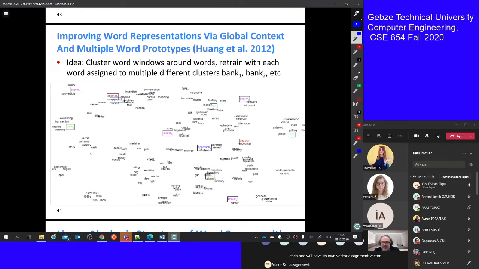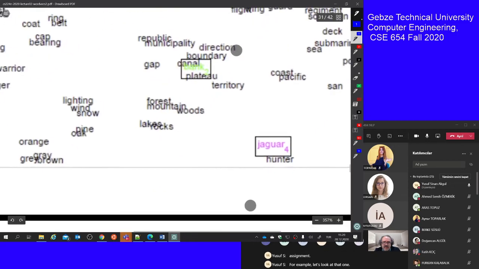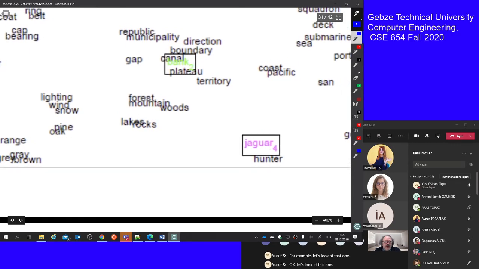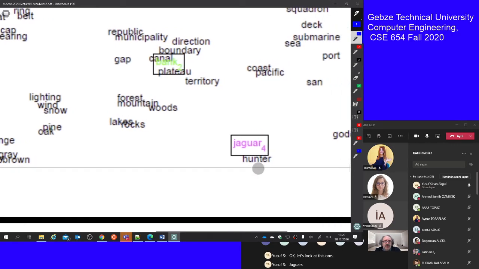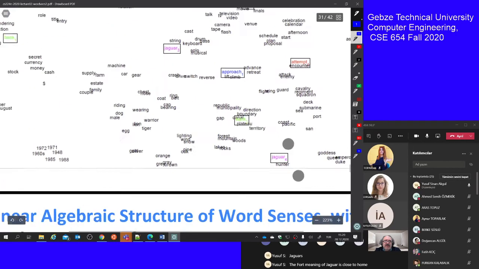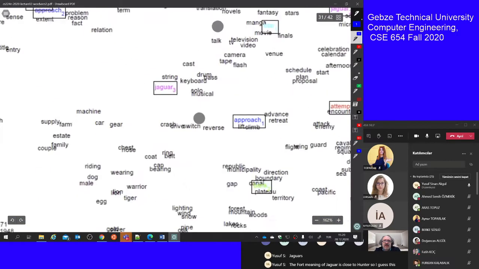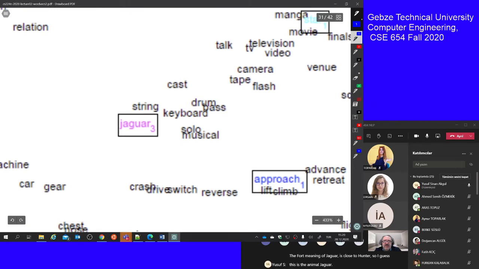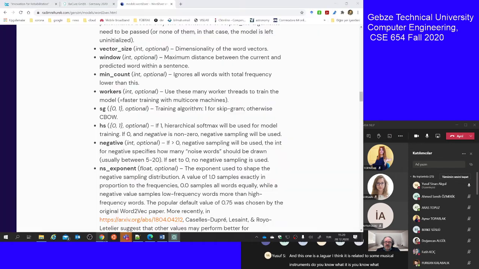For example, let's look at this one. Jaguar. The fourth meaning of jaguar is close to hunter, so I guess this is the animal jaguar. And this one, I think it is related to some musical instruments. Do you know what jaguar is in terms of musical instruments?